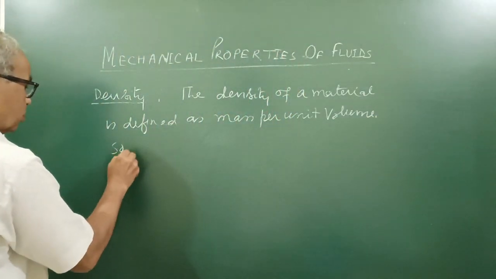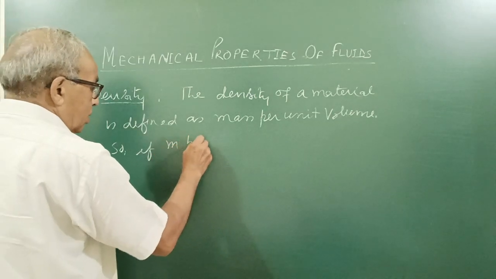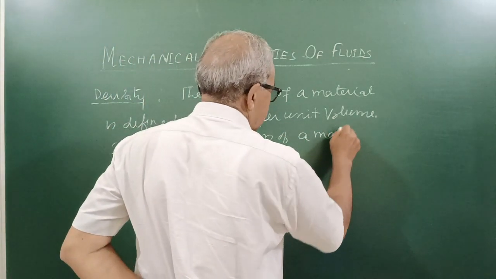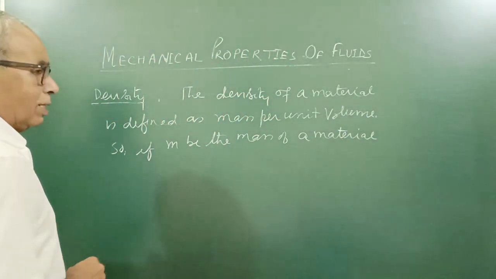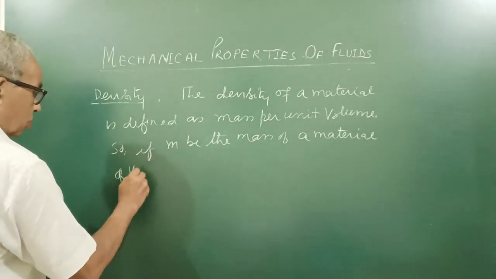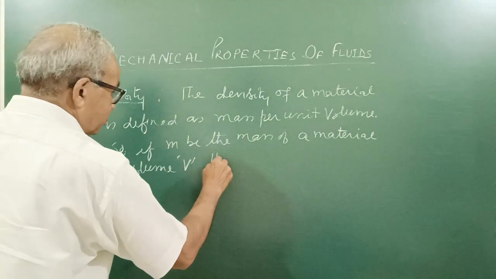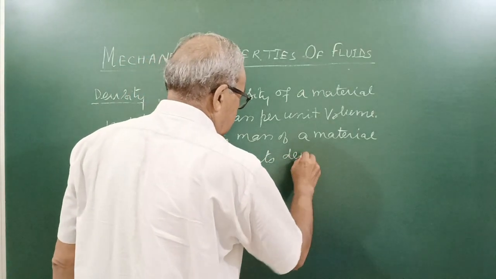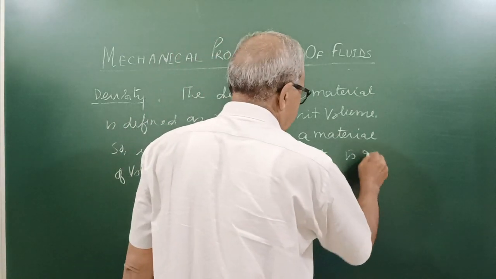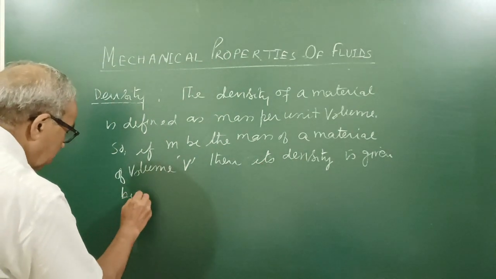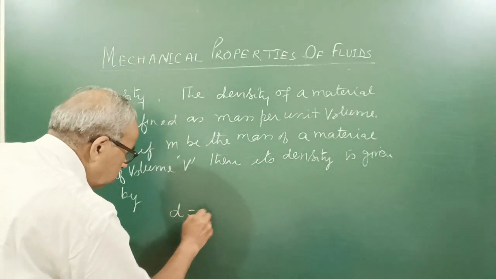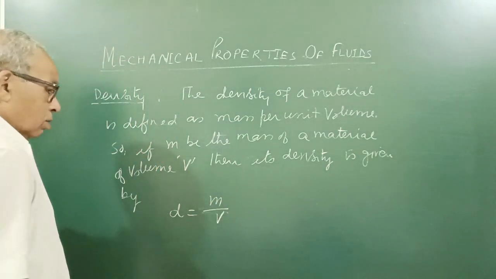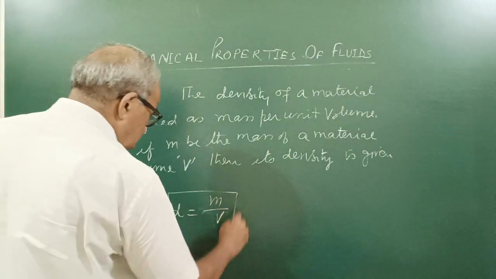So, if m is the mass of a material or substance, you can say material or substance, of volume V, then its density is given by small d equal to mass upon volume, m upon V. Some people write rho for this, no problem.